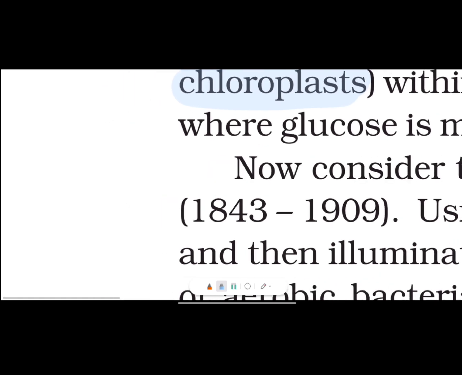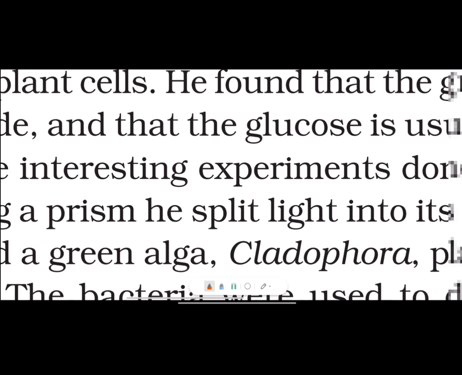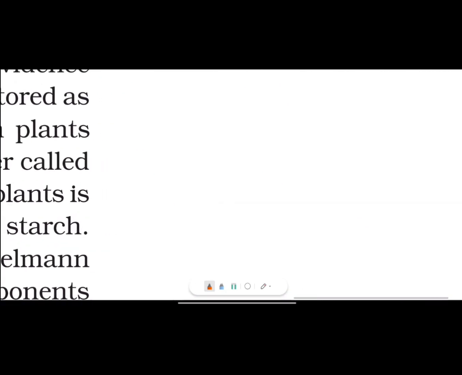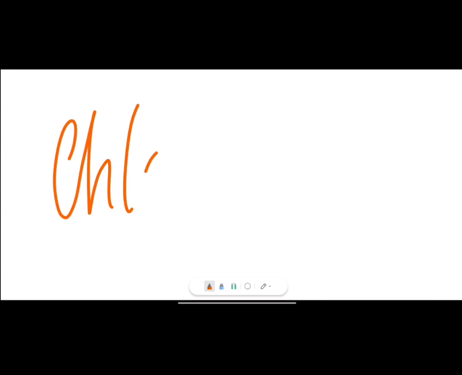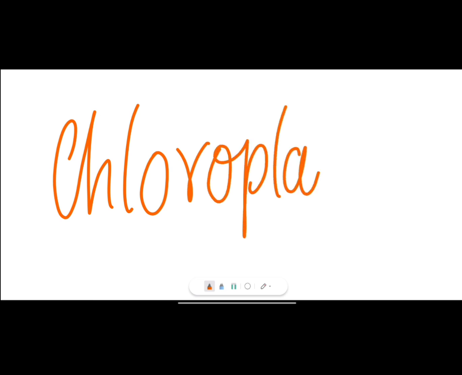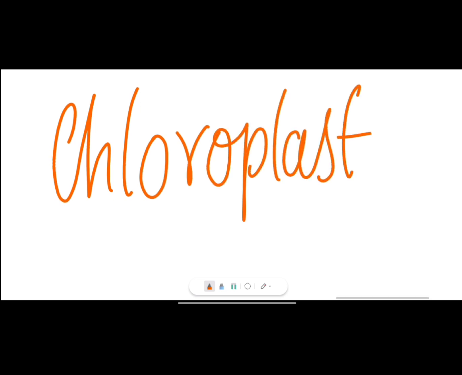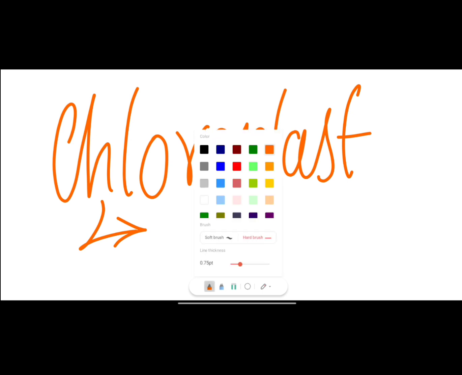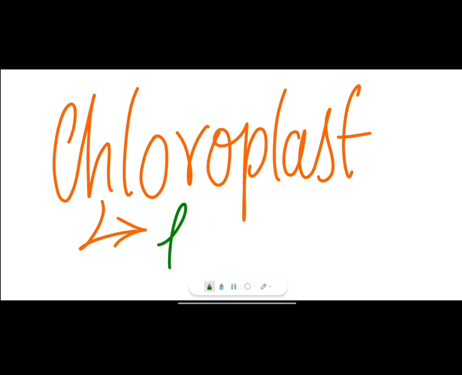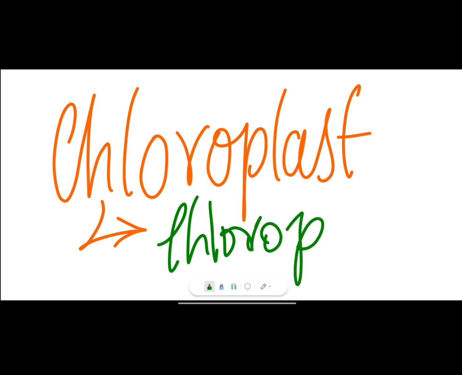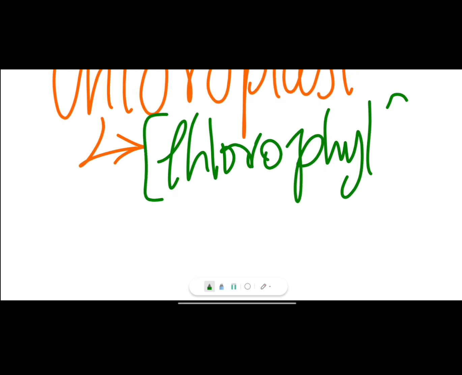So for your understanding, inside the chloroplast, chlorophyll is present.